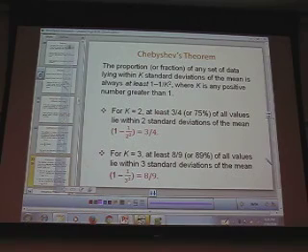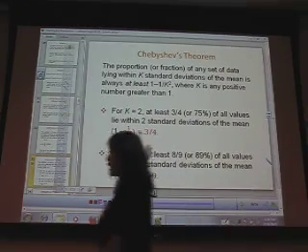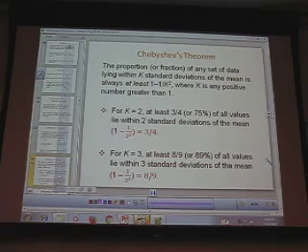No matter what you do, if you go 3 standard deviations in either direction, at least 8/9 of the data will fall within 3 standard deviations. And at least 3/4 of the data will fall within 2 standard deviations. That's the really cool thing about Chebyshev's, it applies to any data set. Doesn't have to be normal. And at least, like I said, means at least that much, usually more.